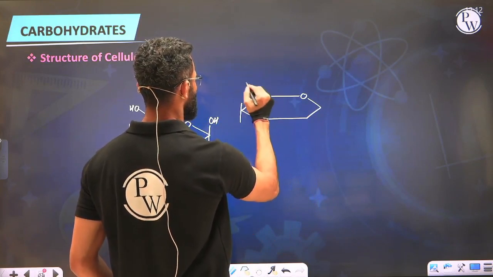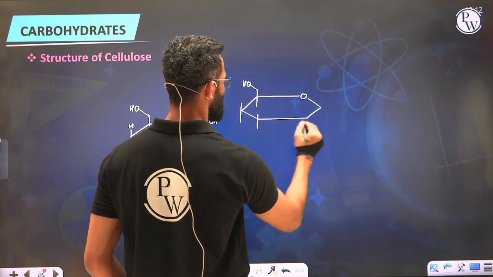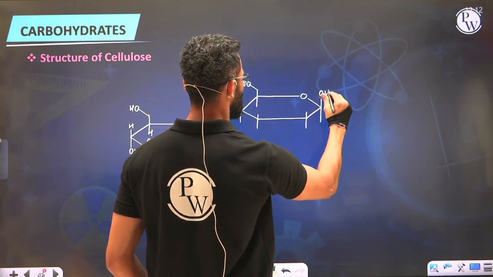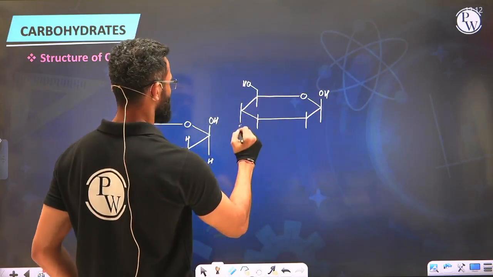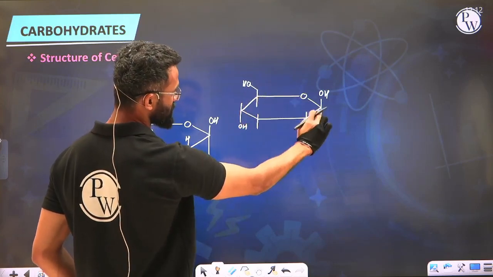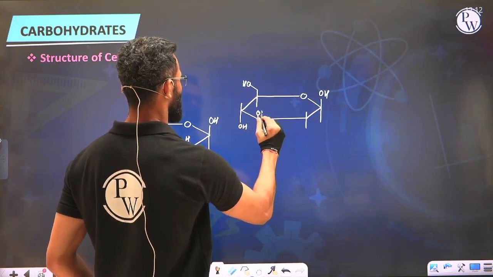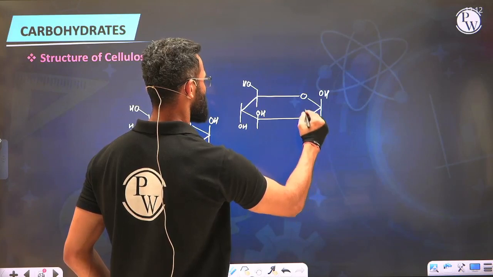Fifth, fourth, third, second and first, because it is beta, OH and CH2OH both on the same side. Again, right, right. For the fifth, we say right, but we don't put OH because that OH is already used in this linkage of oxygen. So right, right, left, right. Remaining valences with H's.